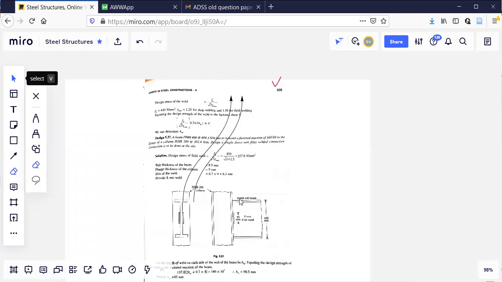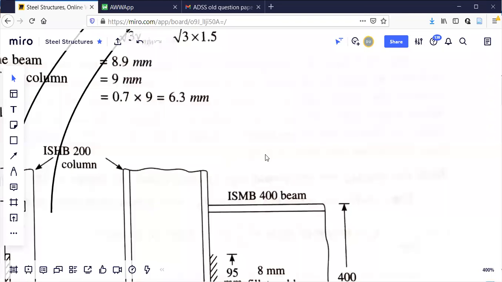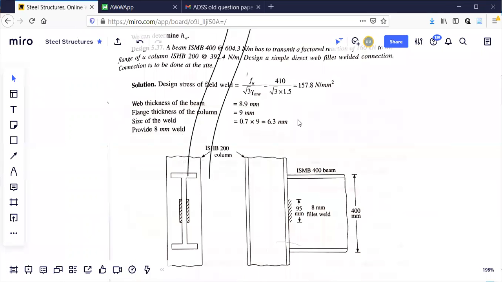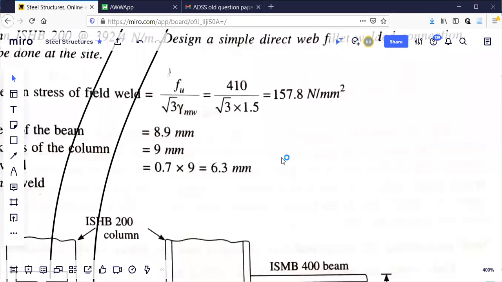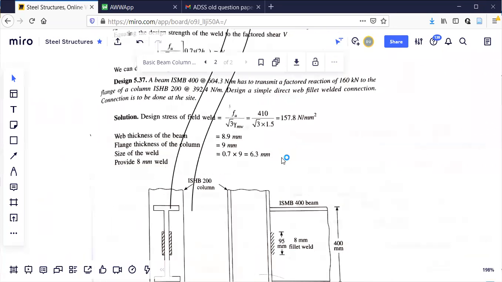Okay, see this one. And see the beam, ISMB. Beam is ISMB here. I'll read the problem. ISMB 400, and the weight per meter is given, has to transmit a factored reaction of 160 kN.